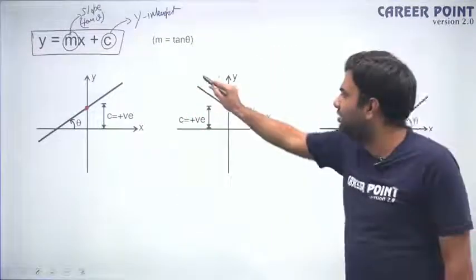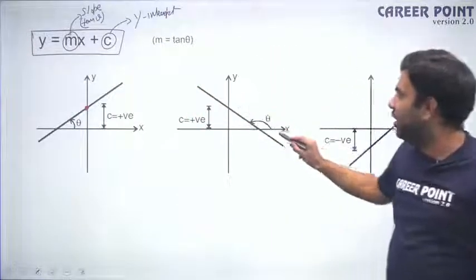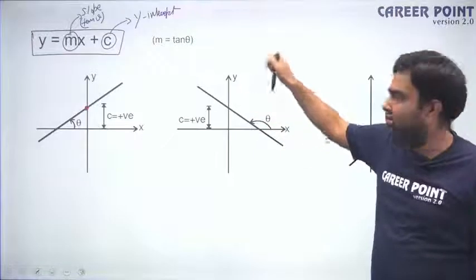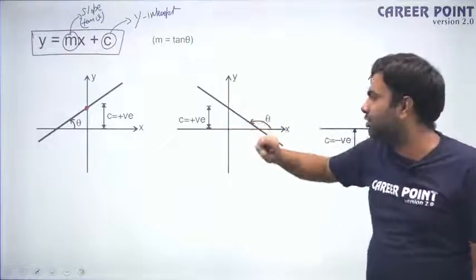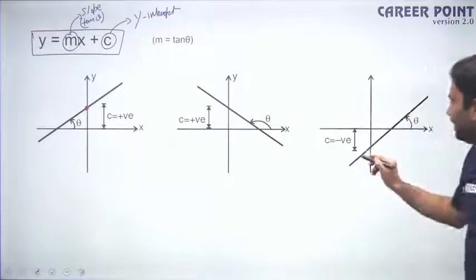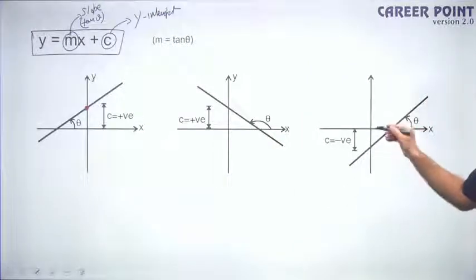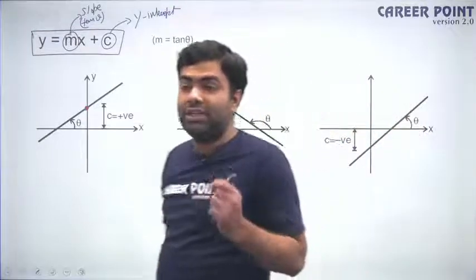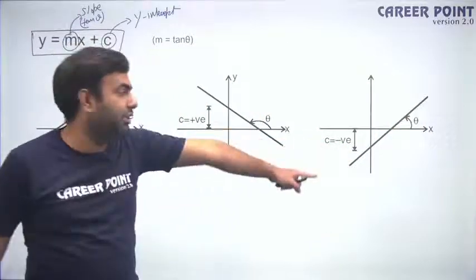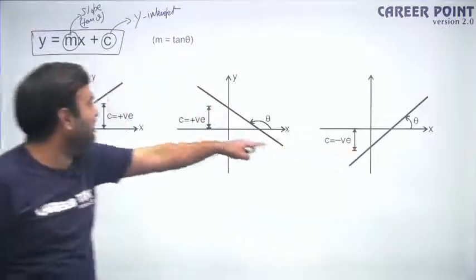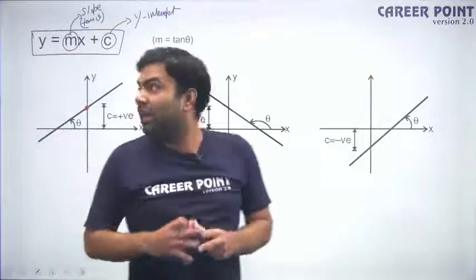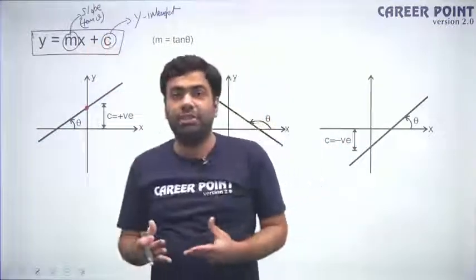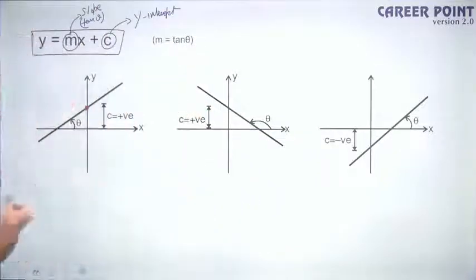Here also, as you can see, because it is cutting the y-axis in positive y part, so again c is positive here and here. But look at this graph. This graph is cutting y-axis in its negative part. So the y-coordinate where the graph is cutting this axis will be negative. That is why c is negative in this case. So both m and c can be positive or they can be negative.